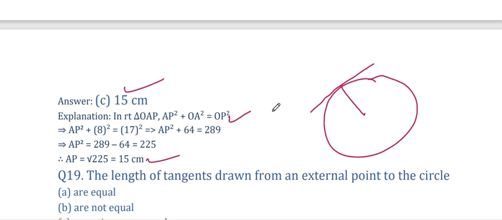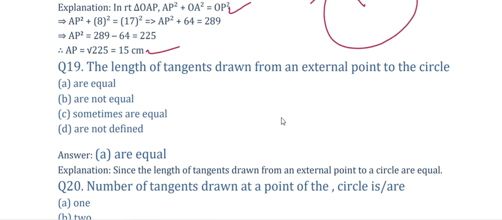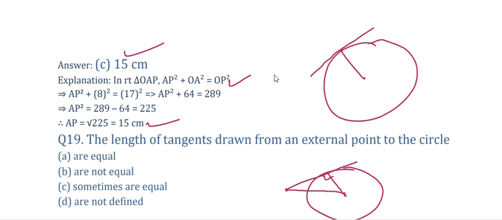The length of tangent drawn from an external point, you can see here, a tangent is drawn here. You can see here is the center. You can join it and write it, right? It's from a triangle. You know very well this angle is 90 degree, and like this one you can join the point and it is your 90 degree, right? You are very familiar with it.